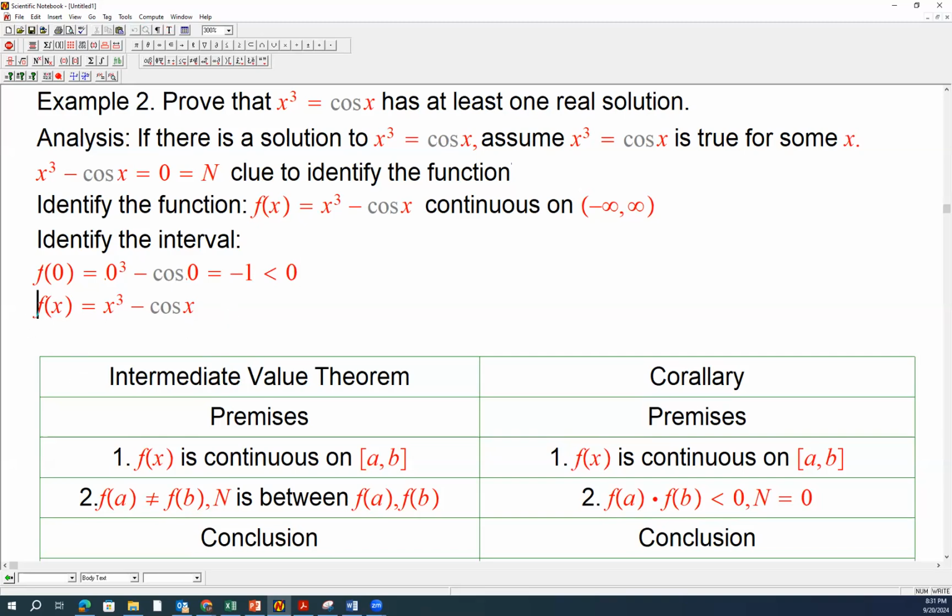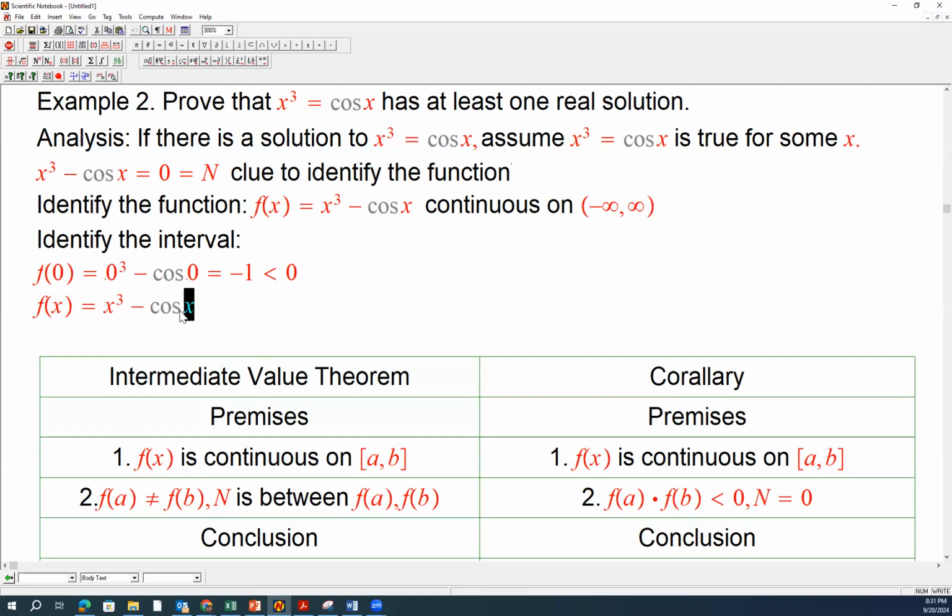Next number I want to get could be any number, but I want it to be positive, because 0 is between a negative number and a positive number. If I get another negative number, 0 is not going to be in it, right? So I'm going to try to get a positive number, but I also want to make it easier to calculate.